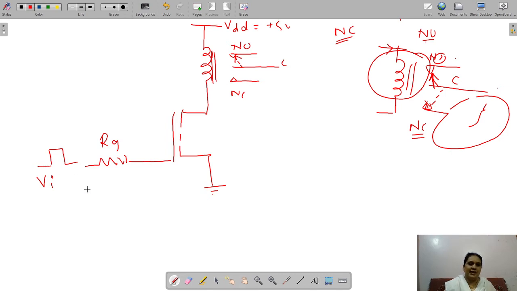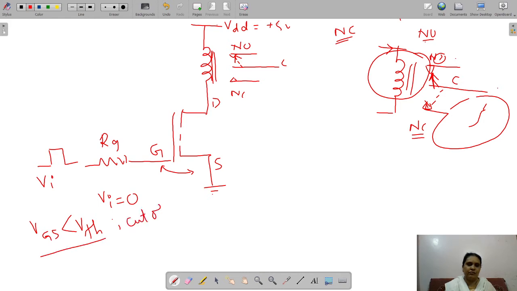Now if Vi is 0, then I know that the value of VGS is less than VTH. So we all know that this is the condition where the MOSFET operates in the cutoff region and the drain current is 0.